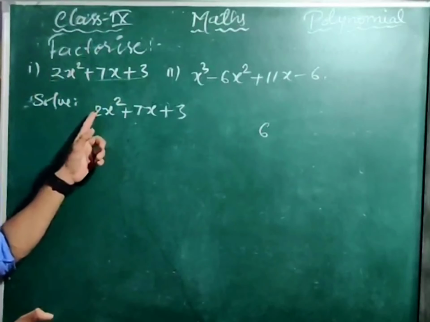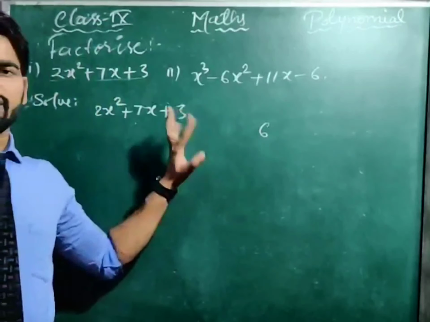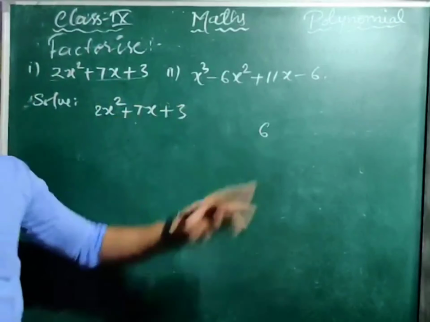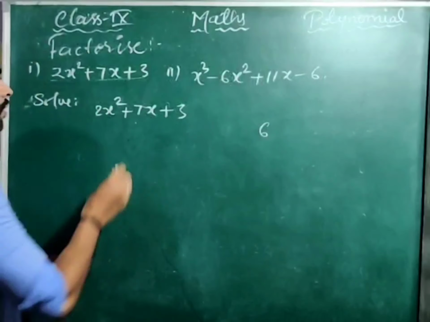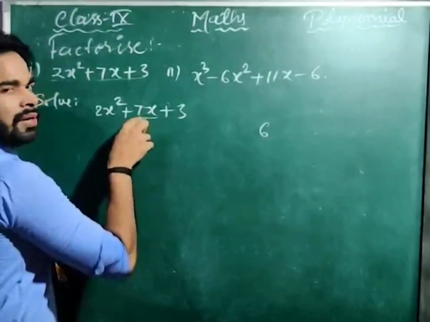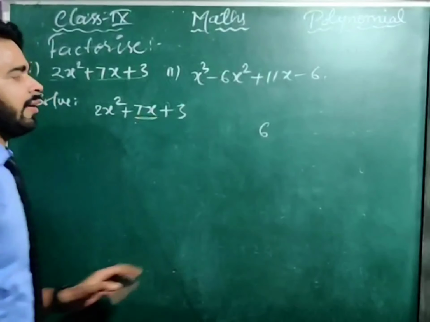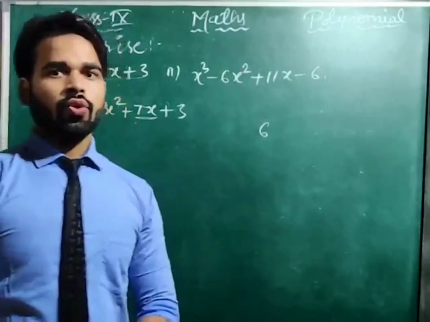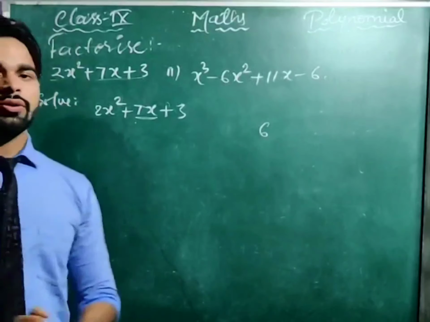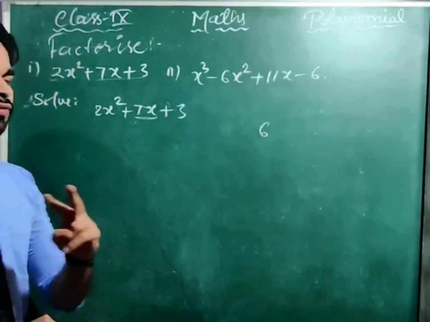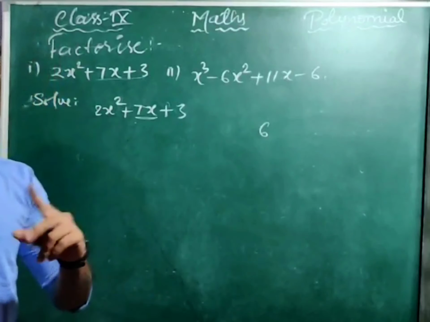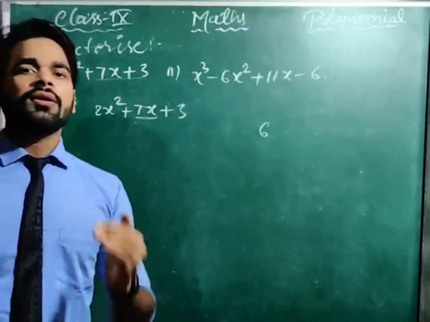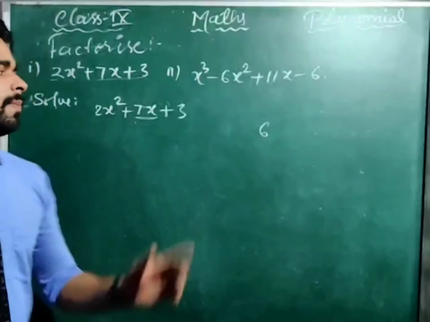What I've done, the first one and last one, I multiplied with sign, plus sign, so we will get the positive number 6. Now we are going to split the middle term in terms of 6 and its factors. You have to get two numbers in which the product of the two numbers will be 6 and the sum or difference of those numbers will be 7.